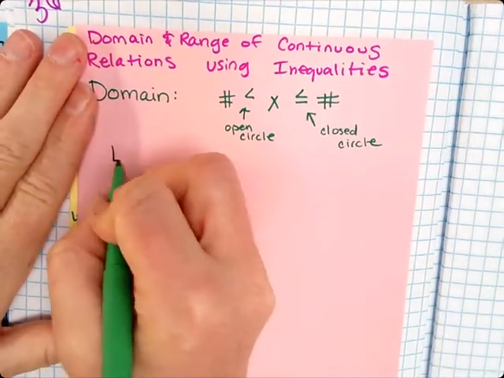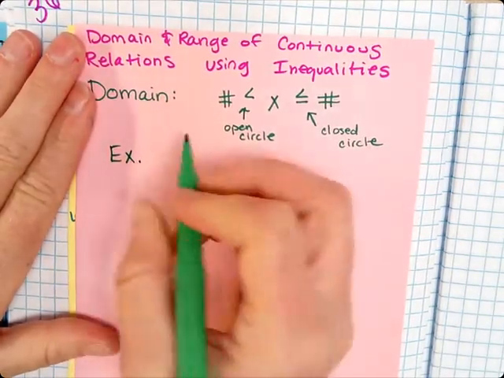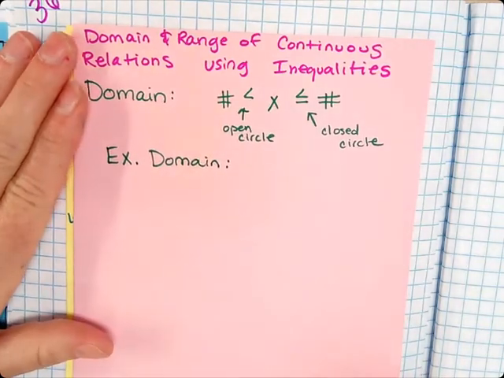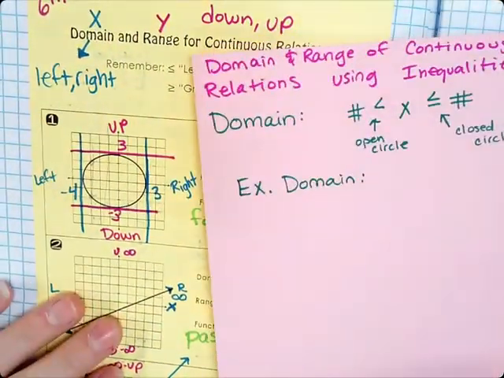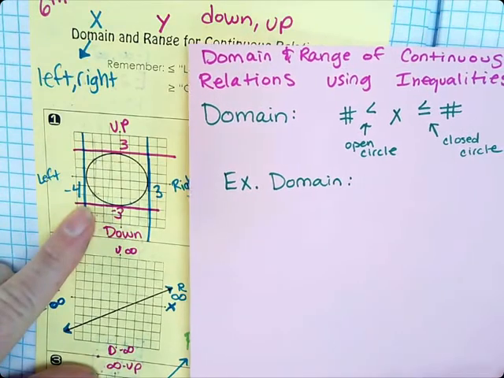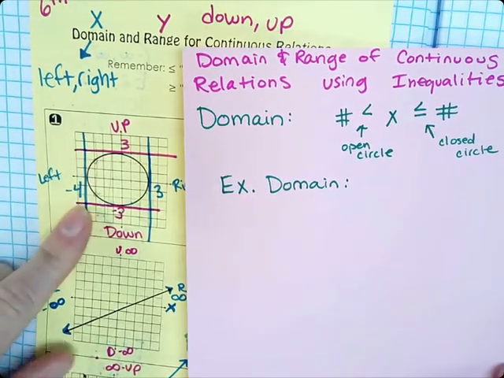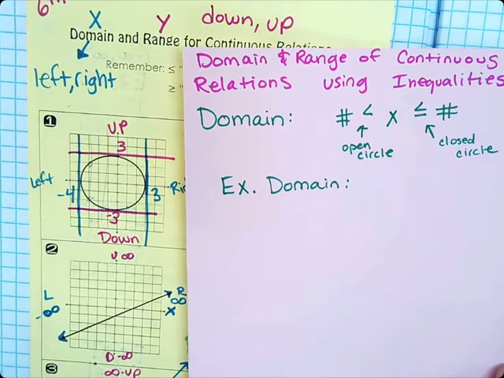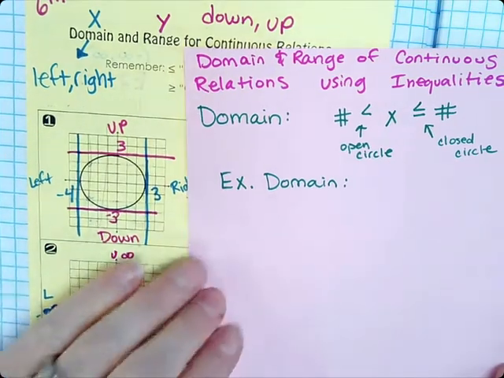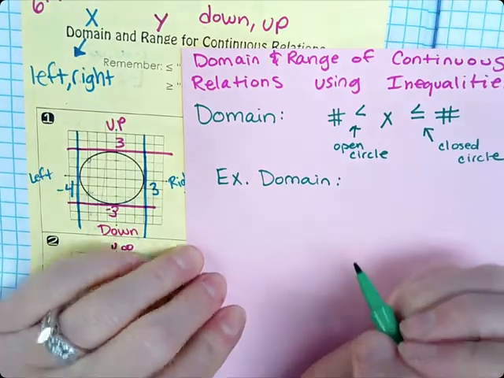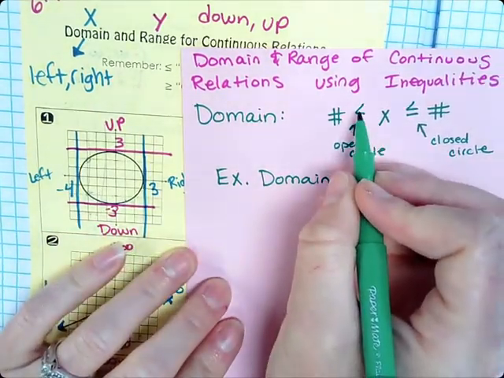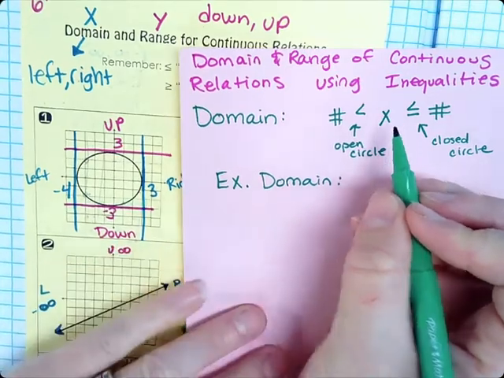So we'll do an example of just domain first. And we're going to look at this example from our notes from the other day. So for domain, we're still looking at from left to right. So we list them out in order from least to greatest, just like we did the intervals. And then we're going to use a less than or a less than or equal to.